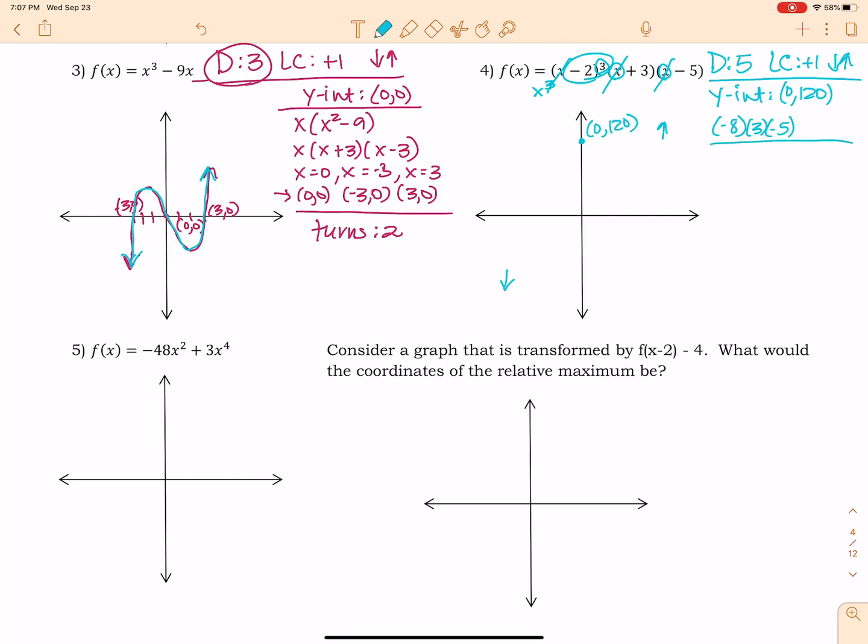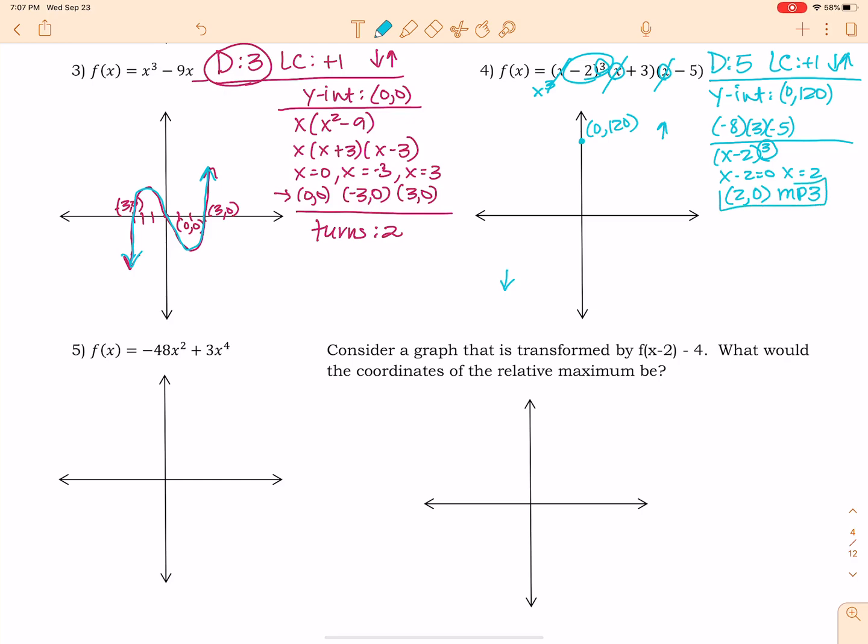All right, so now it's time to find our solutions from our factors. So I've got x minus 2 to the third. So x minus 2 equals 0 gives me x equals 2. So I've got a solution of 2, 0 with a multiplicity of 3 because it's cubed.